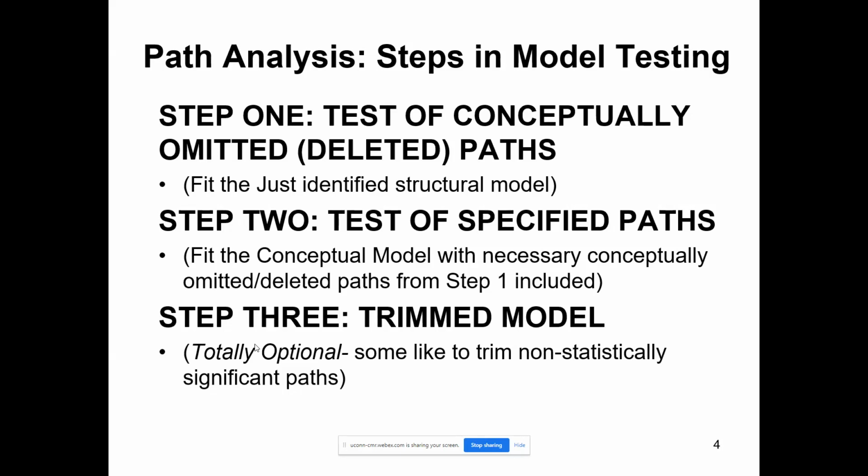And one of the cool things about SEM is that you can actually test competing models. Sometimes those competing models are nested, and that's really nice because then we can do chi-square difference tests and directly compare them to each other. Sometimes the models aren't nested. We can still compare them to each other using measures of model fit and some other guidelines.